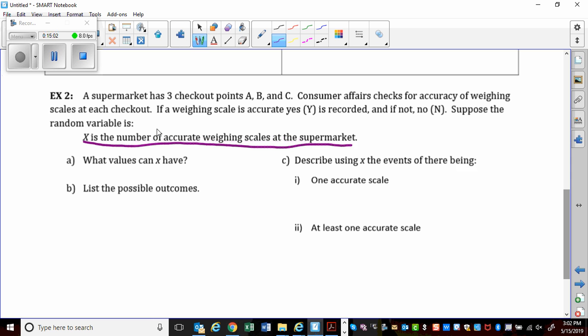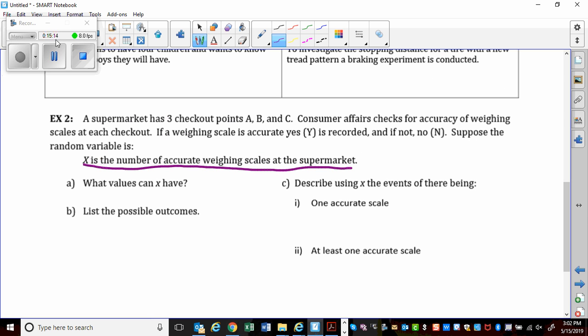3 checkouts. So, describe using X the events of there being... Since X is not the weight, it is actually the number of accurate weighing scales, and there are 3 scales, then we could have 0 of them work, 1 of them work, 2 of them work, or 3 of them work.